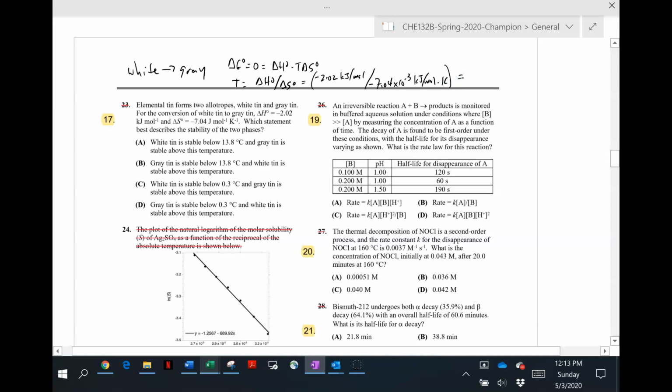Of course, you had to make this conversion to kilojoules for the entropy because they're in different units. Then to compare our answer to the answers on the sheet, we're going to have to do a unit conversion.